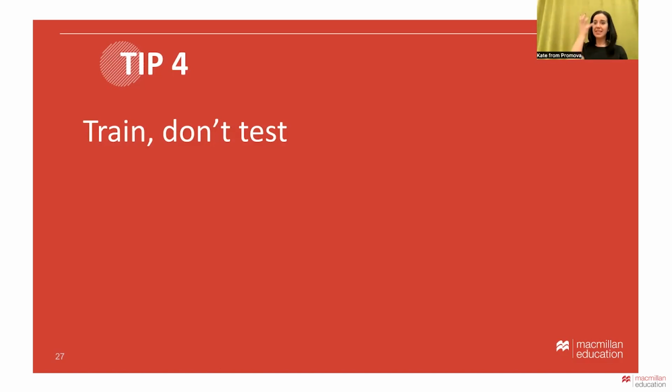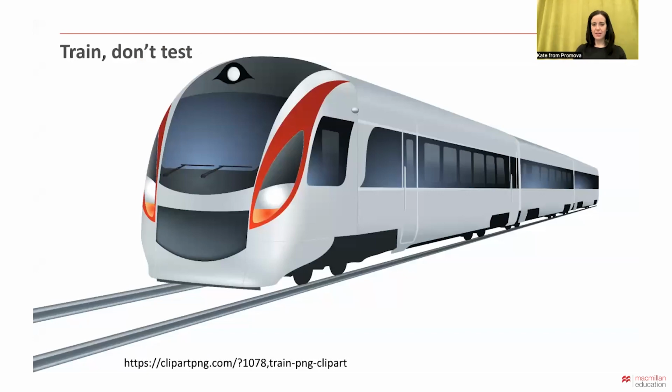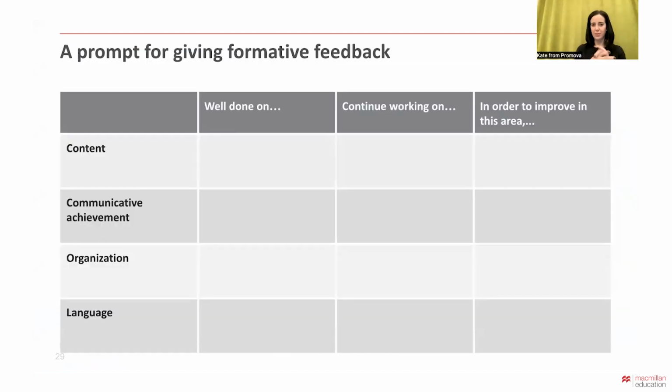However, this piece of writing should most probably be followed by comprehensive feedback. And I've produced and I'm sharing a prompt for formative feedback, which I know looks quite big and looks quite time-consuming, but I personally think that this is something that really helps students improve their writing.